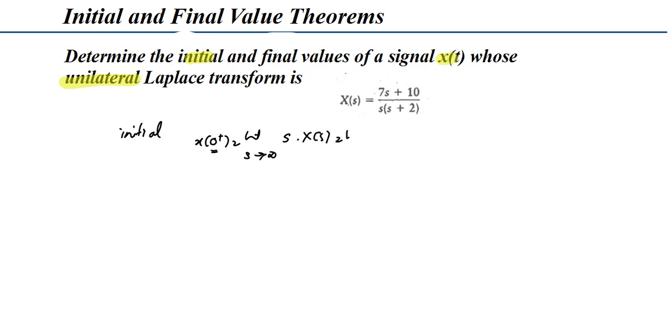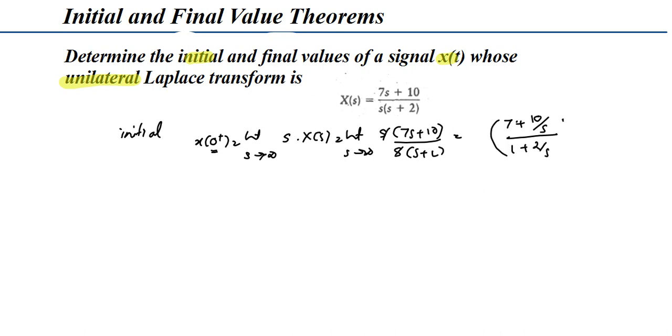So limit s tending to infinity of s into (7s plus 10) divided by s into (s plus 2). The s cancels. Now we can take s common, so it becomes (7 plus 10 by s) divided by (1 plus 2 by s). Now we can apply the limit s tending to infinity.